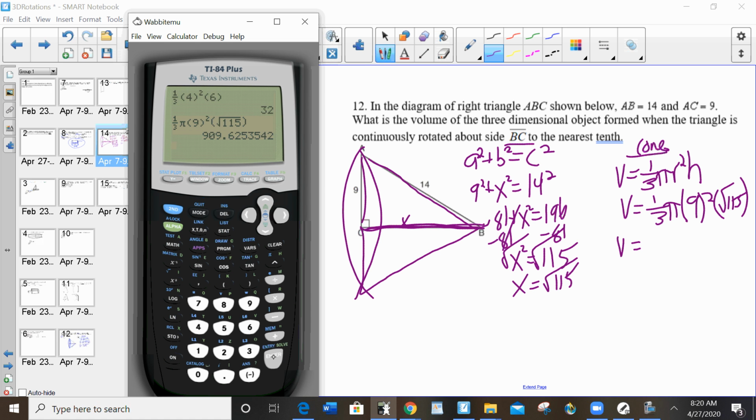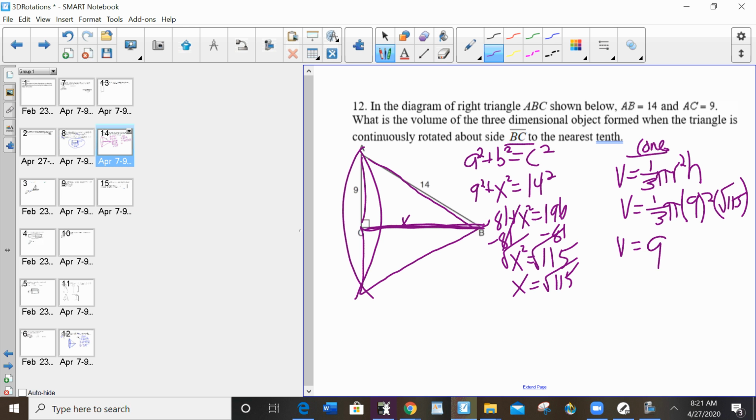And to the nearest tenth, that is 909.6. And that would be your answer.